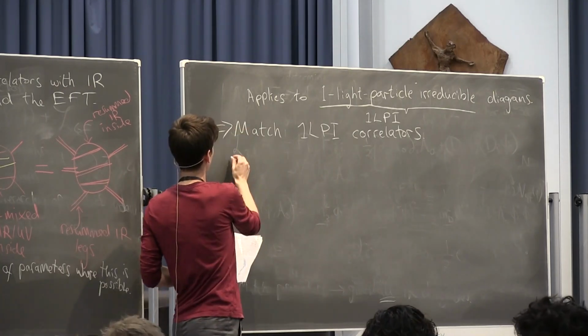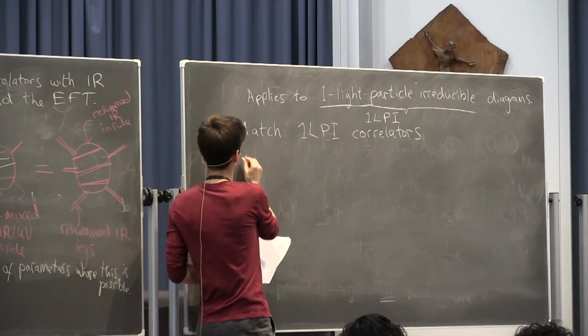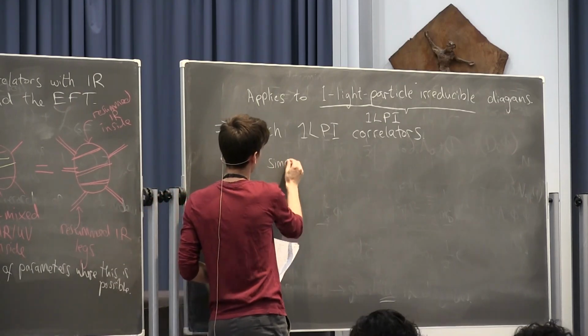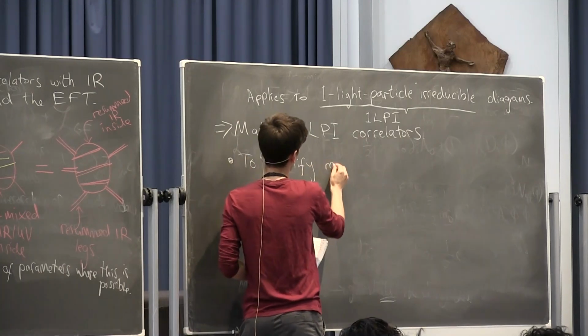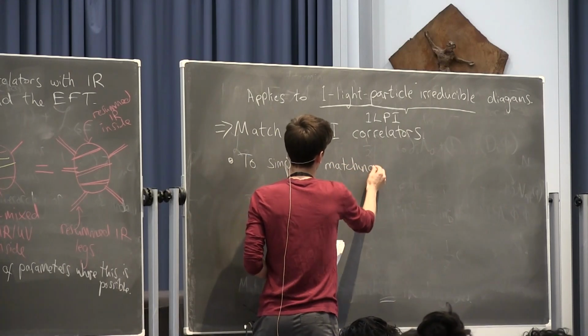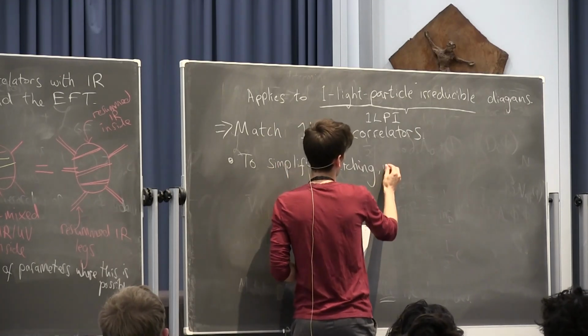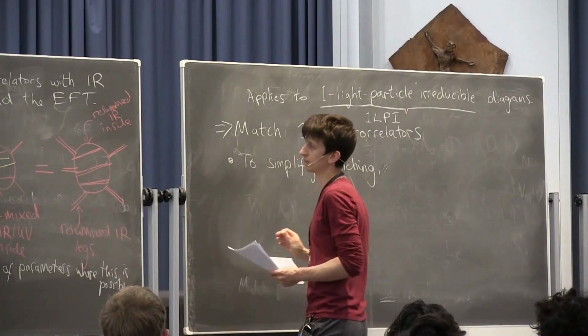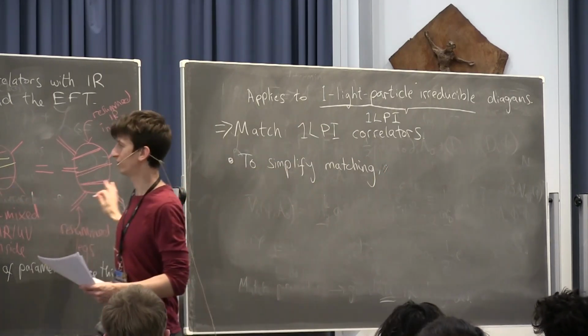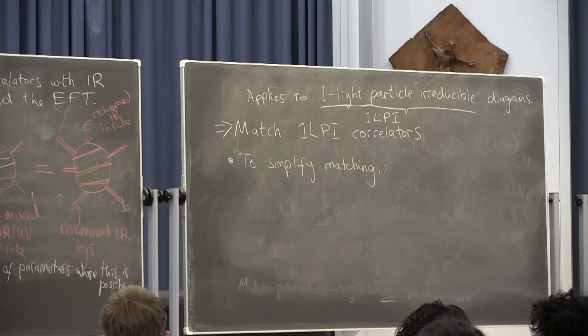And then some other general points to simplify matching. When we match, the infrared parts, so basically this diagram and this diagram, essentially cancel. So all that matters in the matching are these ones, really. And really, we only need to match essentially the UV parts of diagrams.